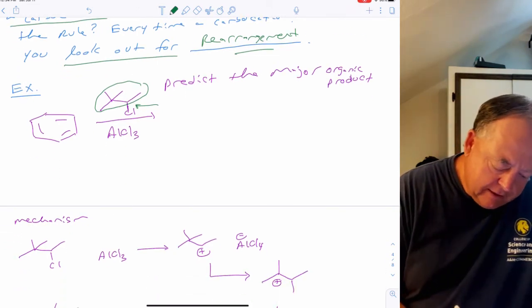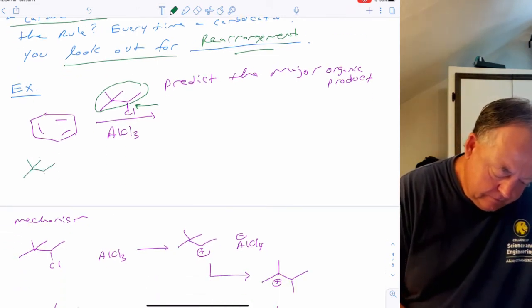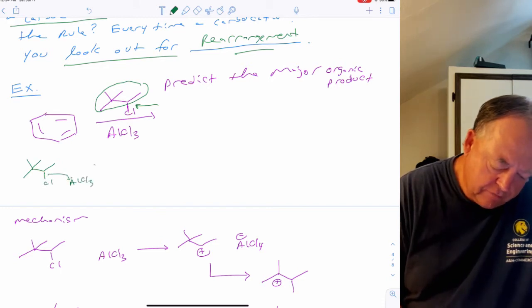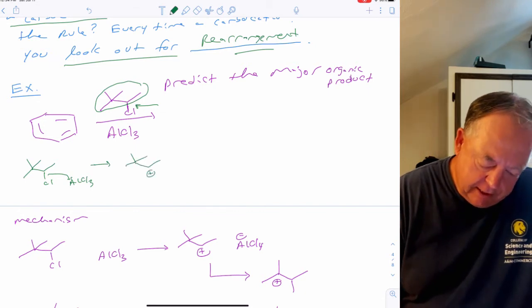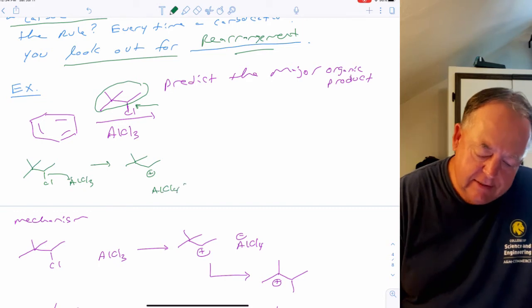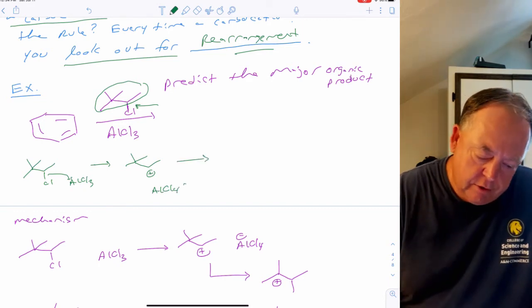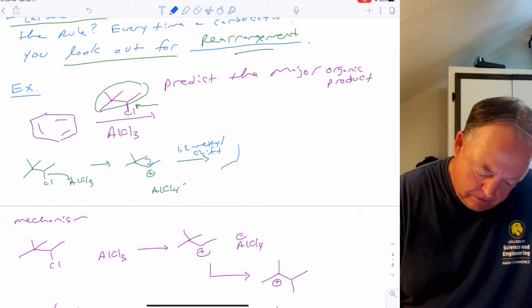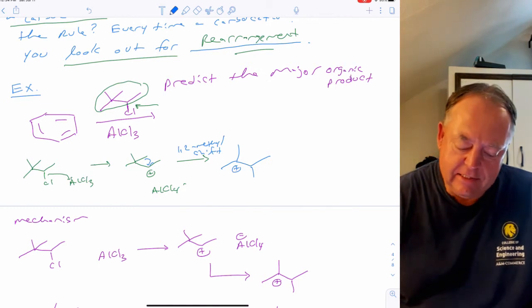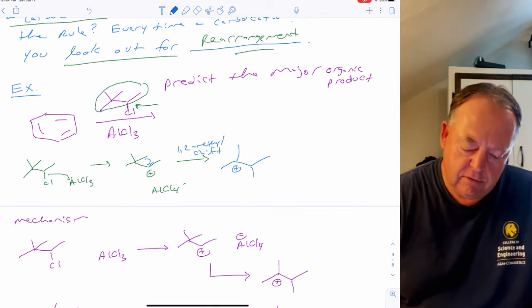So if we work through the mechanism, AlCl3 pulls off the chlorine, and you make that carbocation and AlCl4 minus, and then that's going to undergo a 1,2-methyl shift. So now you have that carbocation, so that's the carbon that you attach to the benzene ring.